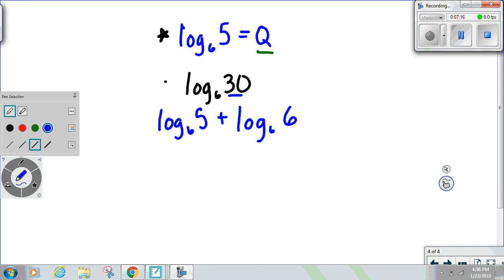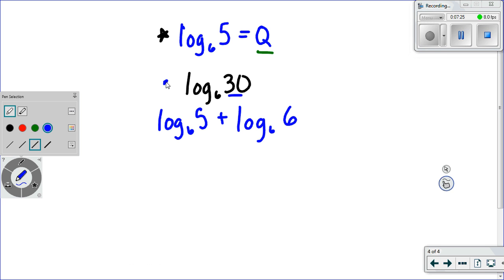Now we're going to finish this off with one more of these kind of fun problems in terms of Q. So this time I have log of 30 base 6 in terms of Q. Okay, well, why did I do log of 5 plus log of 6?